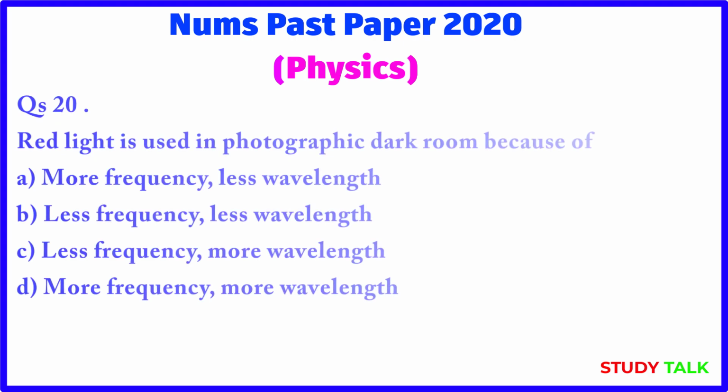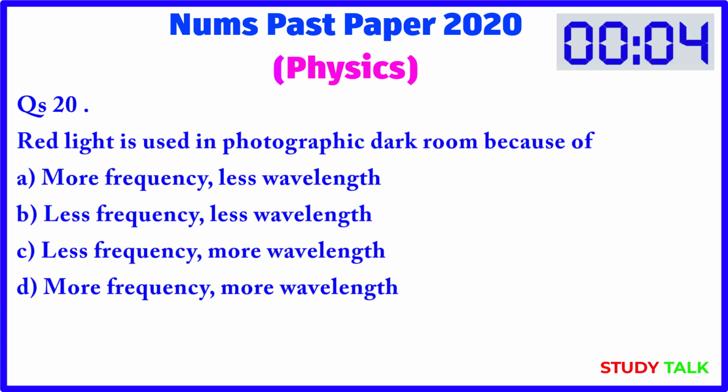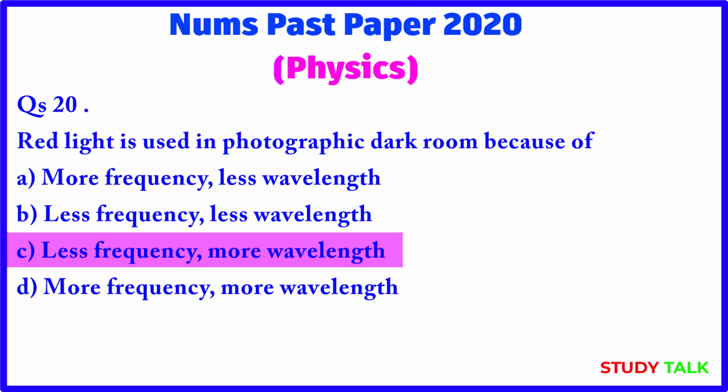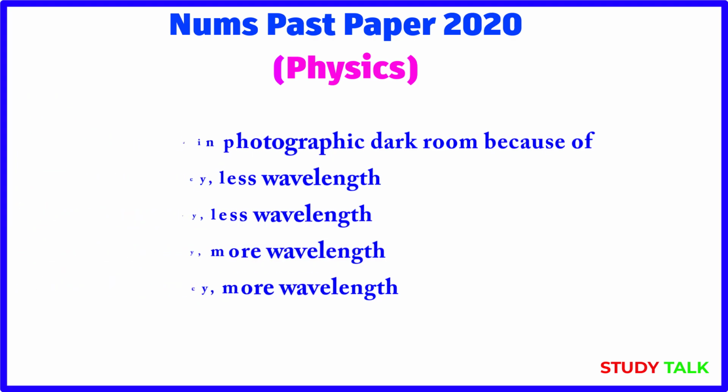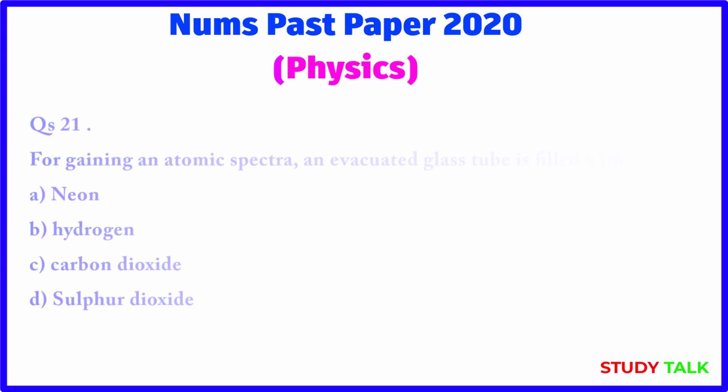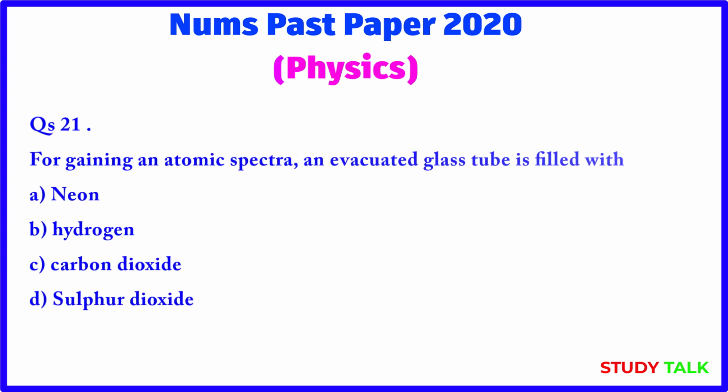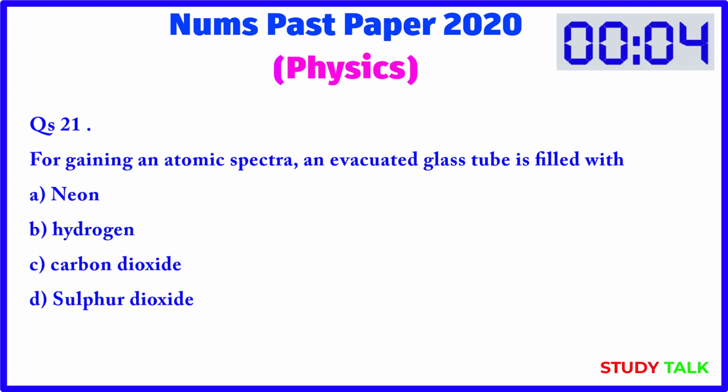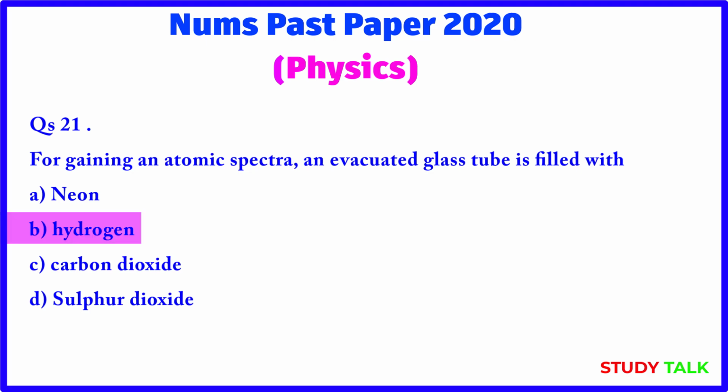Red light is used in photographic darkroom because of less frequency, more wavelength. For gaining an atomic spectra, an evacuated glass tube is filled with hydrogen.